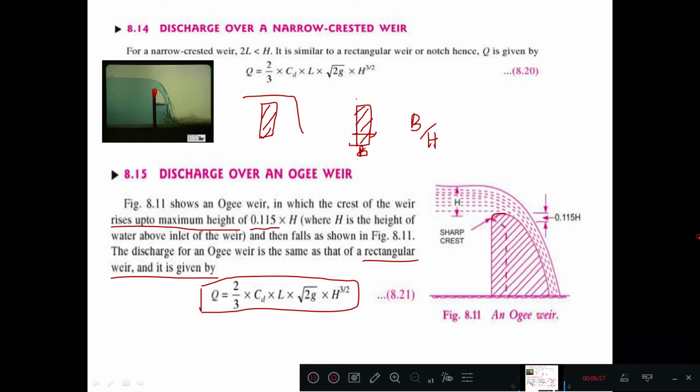As I explained in the previous class, Ogee shaped weirs are generally provided for the spillway of a storage dam.